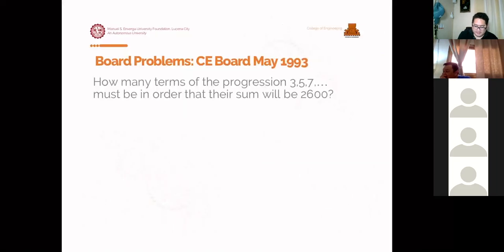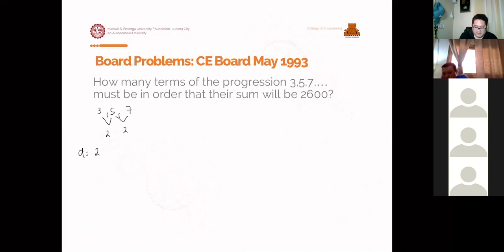Next, how many terms of the progression 3, 5, 7 must be taken in order that their sum will be 2,600. Yung progression natin is 3, 5, and 7. Pag chineck natin yung difference, meron tayong common difference na 2, so pwede natin i-assume na arithmetic progression talaga siya.